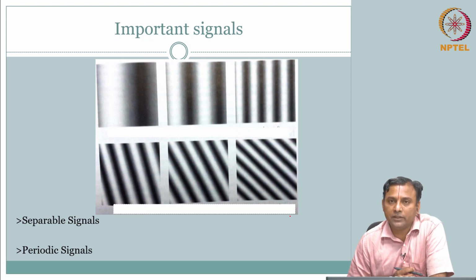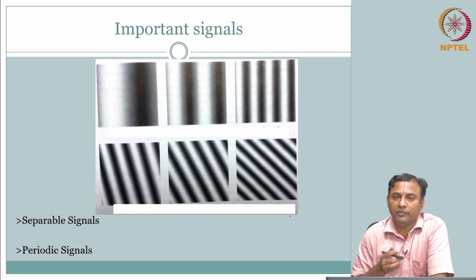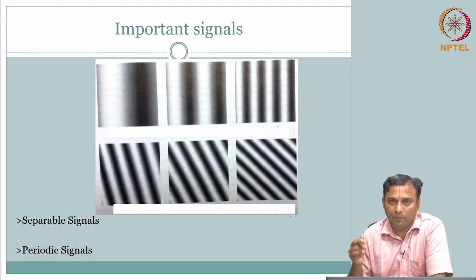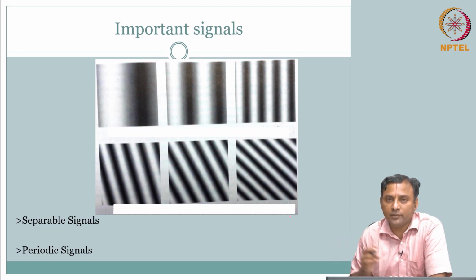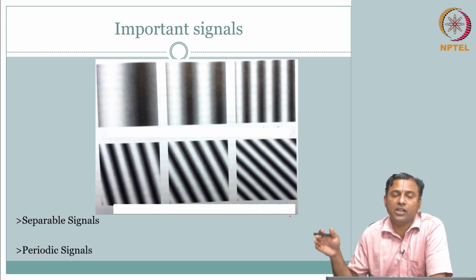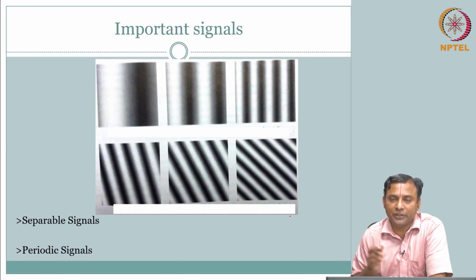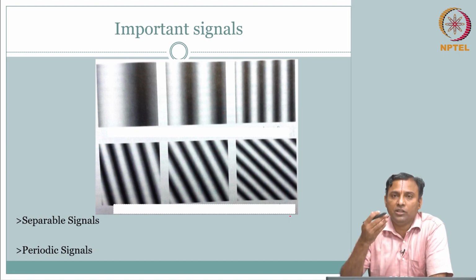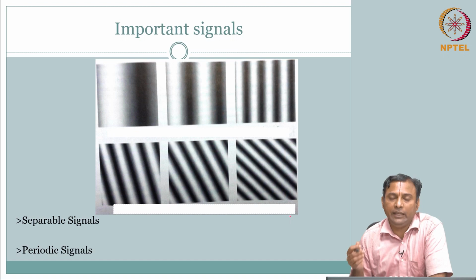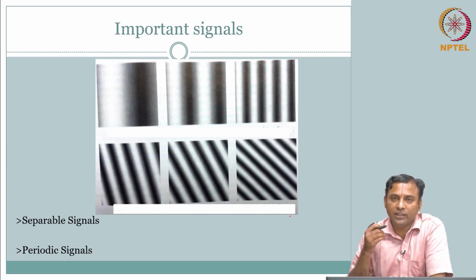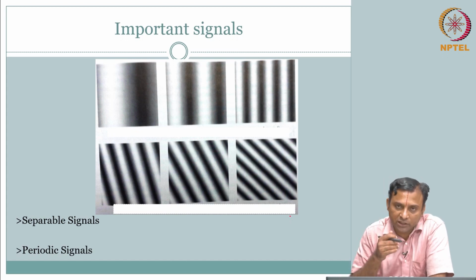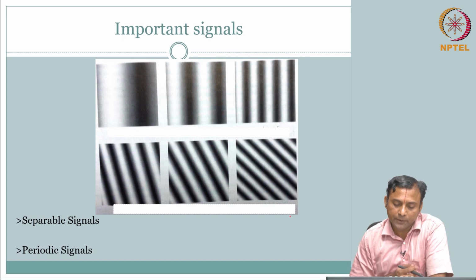Oh, frequency, when I have cycles, oscillations per x, that is my u naught, or frequency along the x dimension. If I have oscillations in y direction, that is my v naught, or the spatial frequency in your y direction.